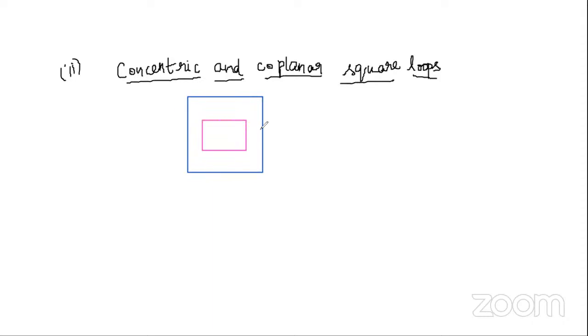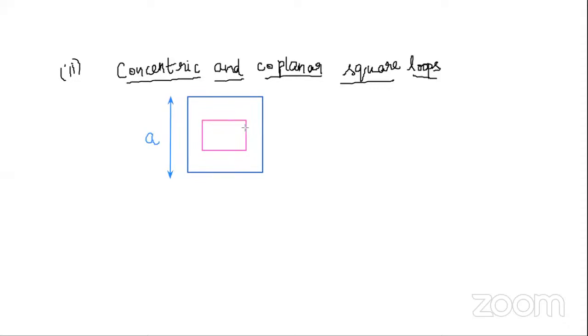So the side of the outer square can be considered as A, small letter A. And for the smaller square, actually it may look like a rectangle, but it is a square, okay.